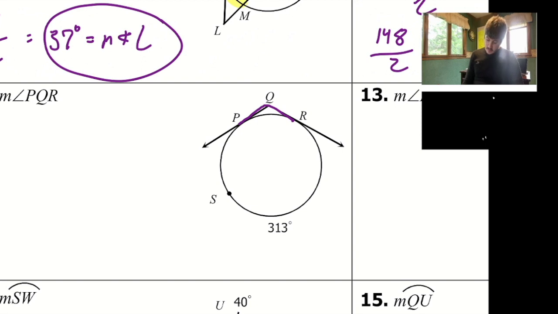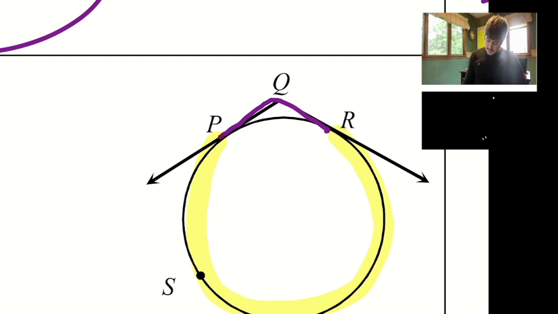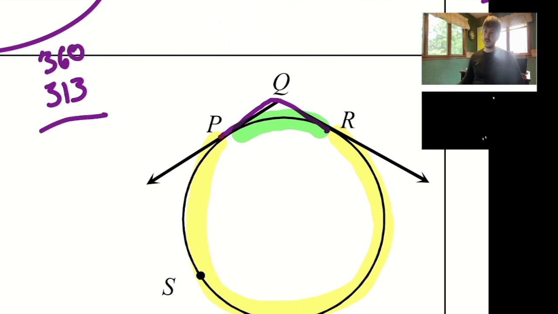But I did say they only need one piece of information, especially if it is 2 tangents. If the entire arc PSR is 313, what is the value of the smaller arc that we need? Well, it's just whatever 313 is subtracted from 360 degrees, which would be 47. So the green arc is 47.